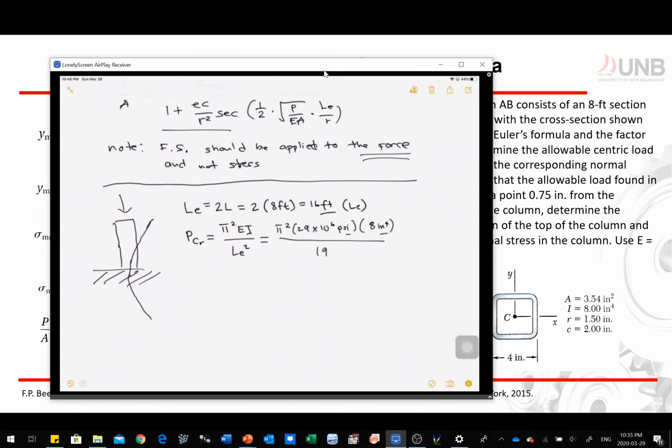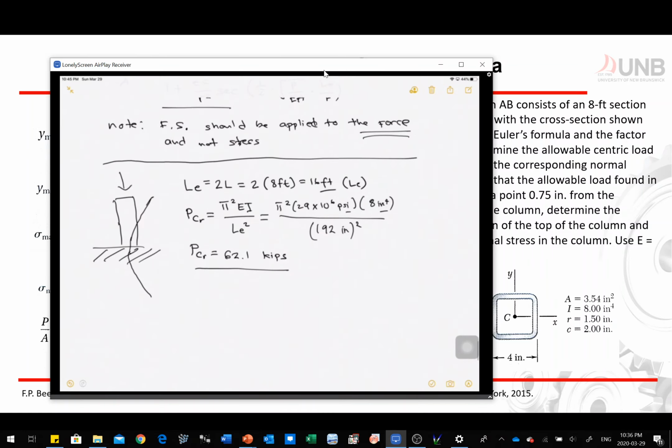So we're going to get 192 inches, and then we have to raise it to 2. Now, from here, we can get PCR is equal to 62.1 kips. So we have now PCR of 62 kips.